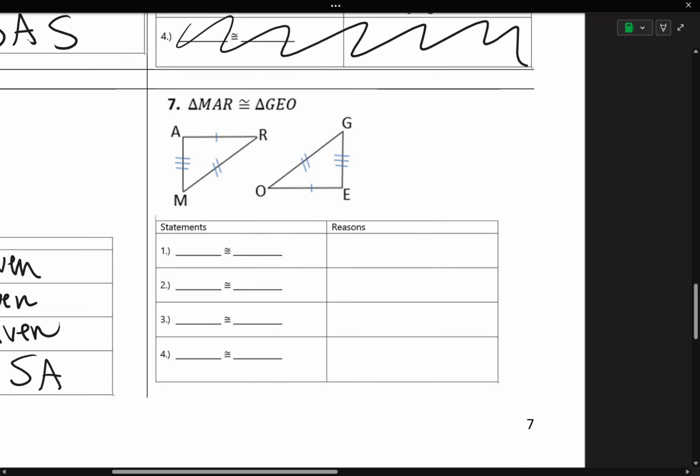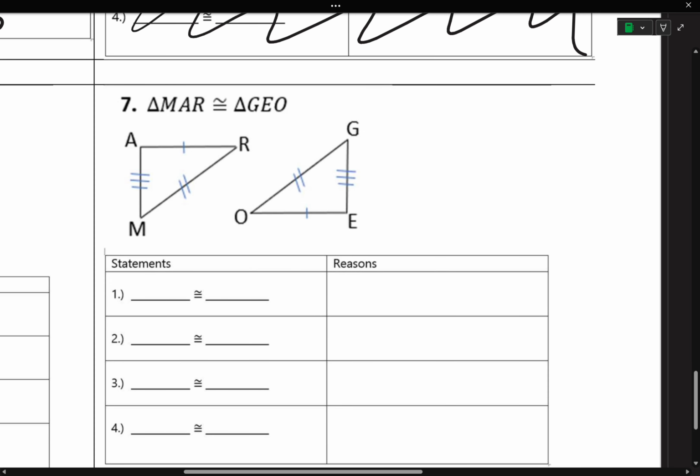And then number 7. Is triangle MAR congruent to triangle GEO? They each have 1 tick mark, 2 tick mark, 3 tick mark. Is side, side, side a congruency statement? It sure is. Let's prove our congruency. First we have the single tick mark, AR, congruent to EO.